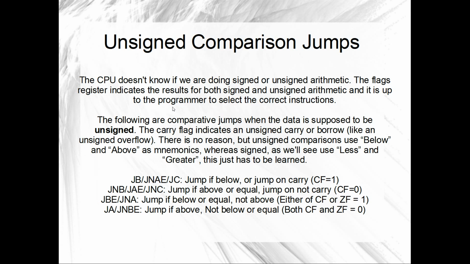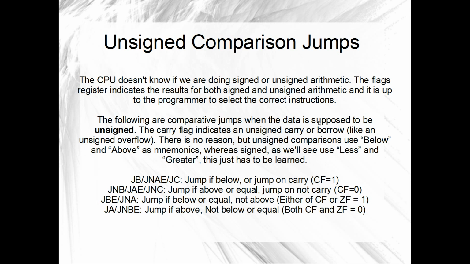If you add one number to another, the CPU doesn't care if the numbers are signed or not. It just cares that they're 32-bit integers, and then it's up to us to use either JB, jump below, or JL, jump if less. So it's these jumps that we choose as programmers which decide whether we're treating our data as signed or unsigned. I suppose what I'm saying is that assembly is not type safe.